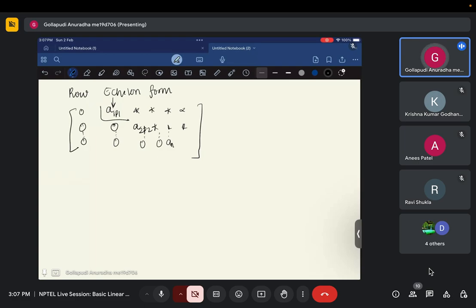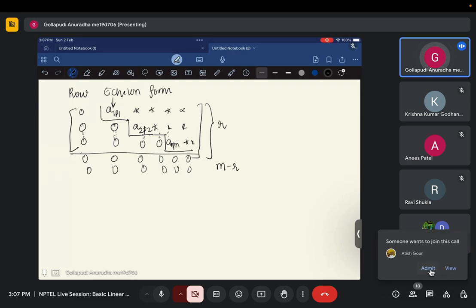Likewise for the subsequent rows below. There can be some zero rows at the bottom. So r is the number of non-zero rows and also the number of pivots, and m minus r will be the zero rows.